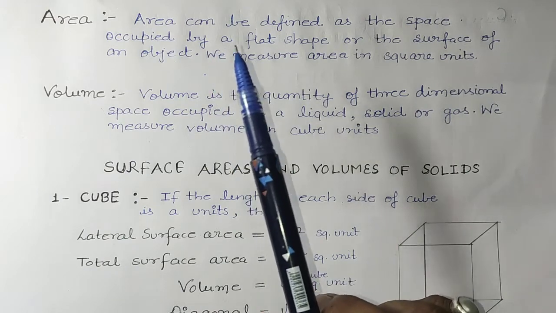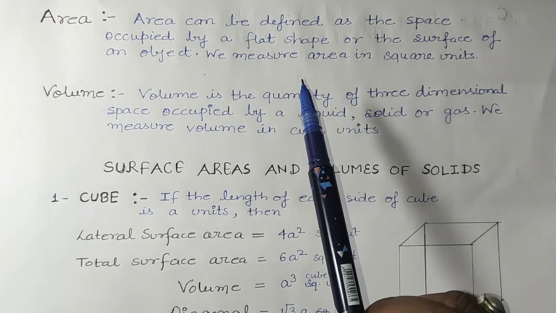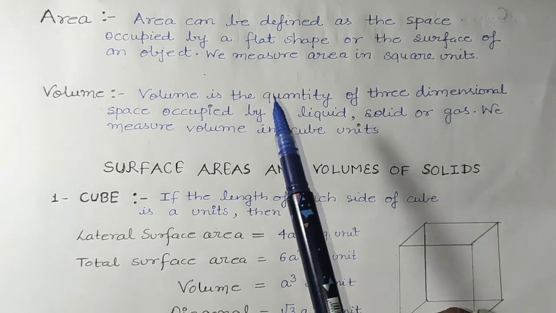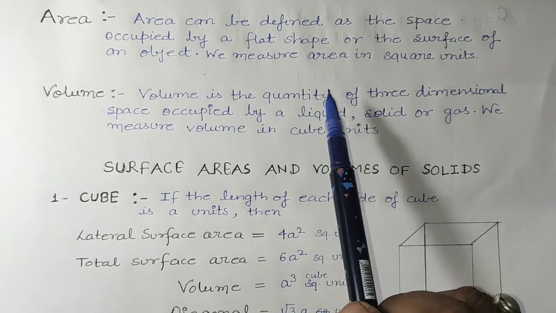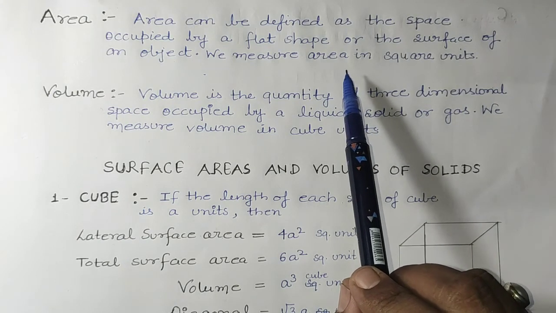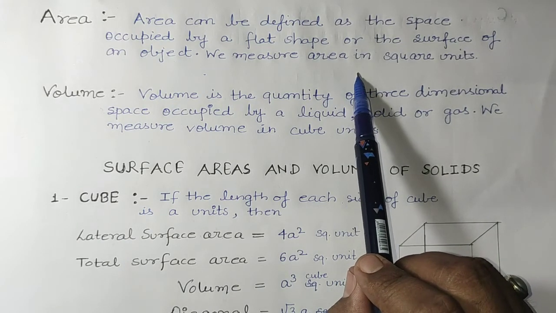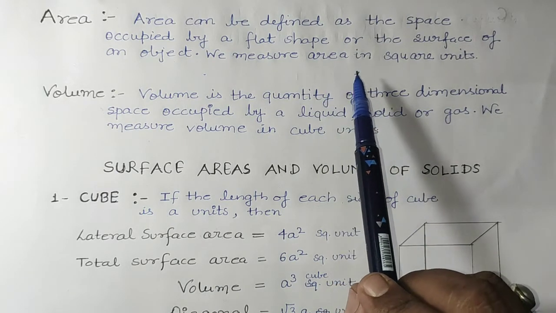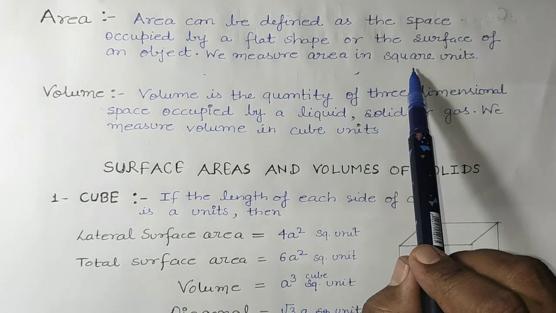Like in the previous classes, we have studied how to find area. We have learned to find the area of a square. What is the area of a square? Side square. What is the area of a rectangle? Length into breadth. What is the area of a circle? Pi r square. What is the area of a triangle? Half into base into height.